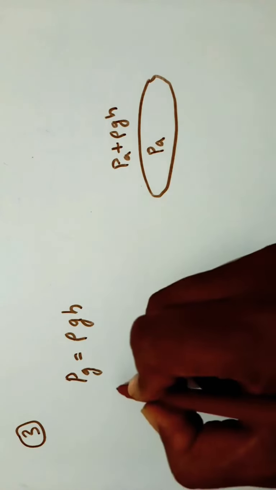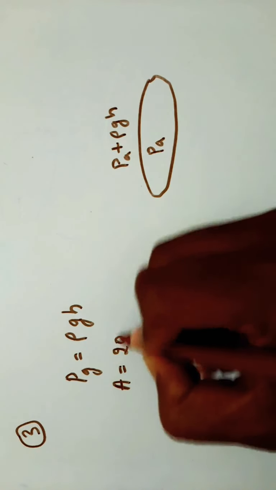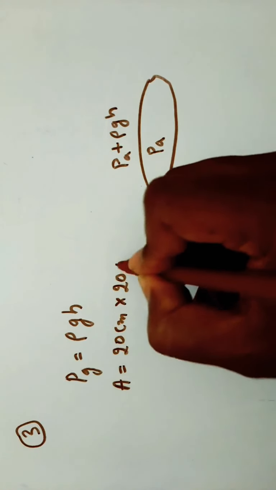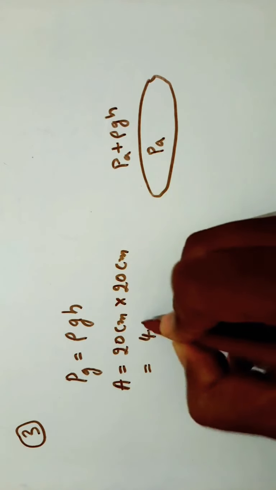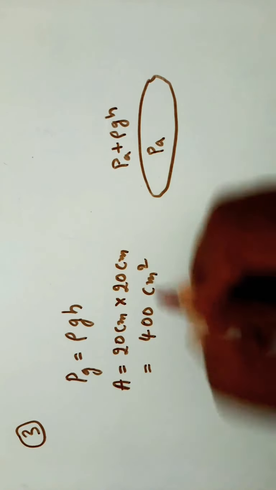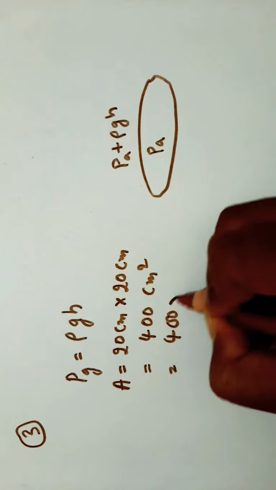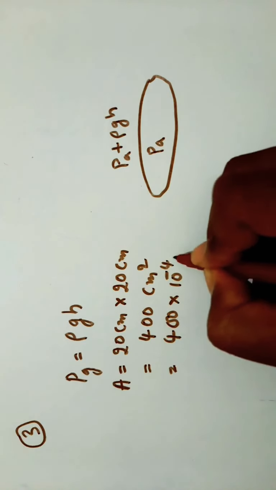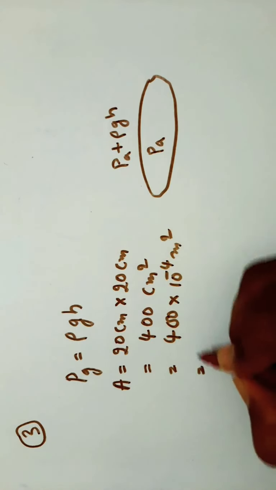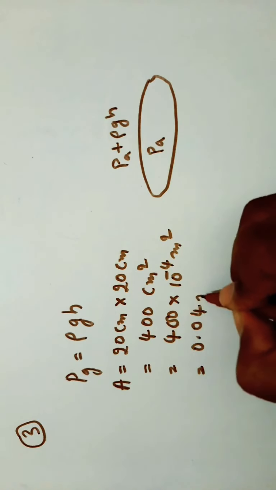So the area of the window is 20 centimeter into 20 centimeter. So that is 400 centimeter square. So that is 400 into 1 centimeter square, which is 10 to the power of minus 4 meter square. So that is 0.04 meter square.